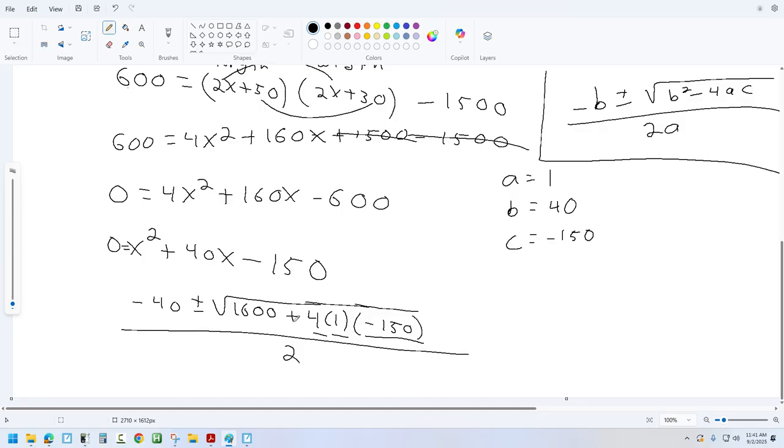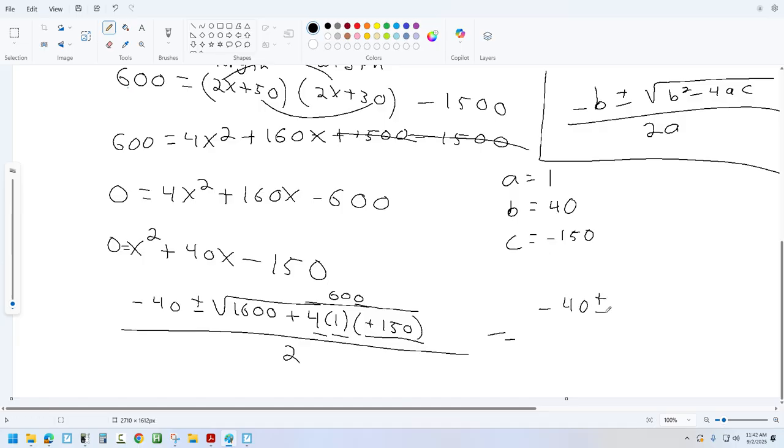So might as well just handle that right now. What's 4 times 1 times 150? Yeah, 600. I'm just going to put that up above it. So that's going to help us simplify a little bit.